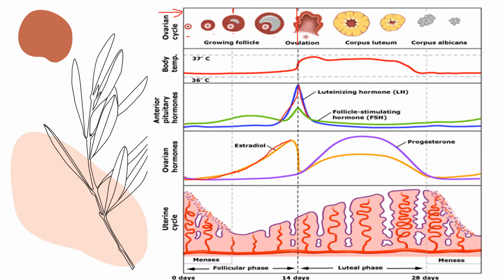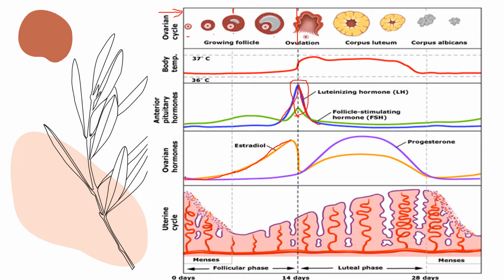So once rupture occurs, my luteinizing hormone begins to drop. During this period, my hypothalamus would have detected very high levels of luteinizing and follicle stimulating hormone. So it would have stopped the production of GnRH, which would cause those luteinizing and FSH hormones to drop. At that point, we've had ovulation occur and our corpus luteum is going to take over.